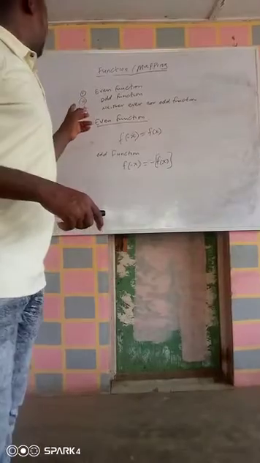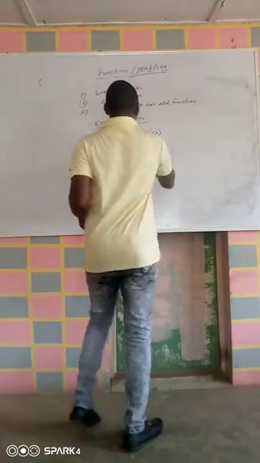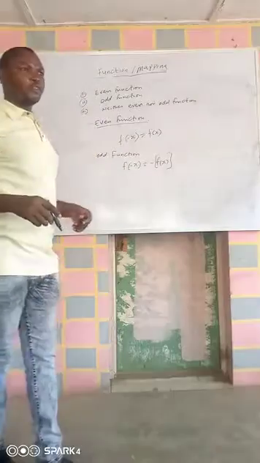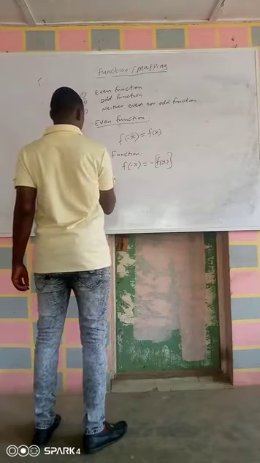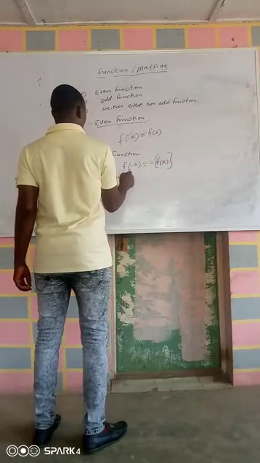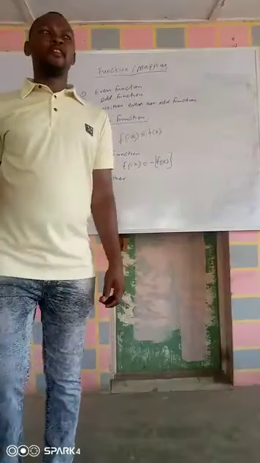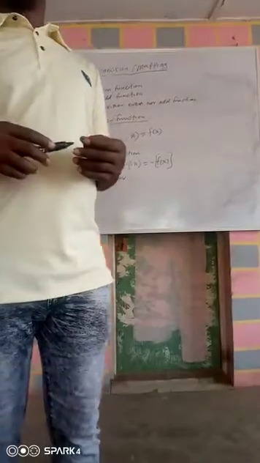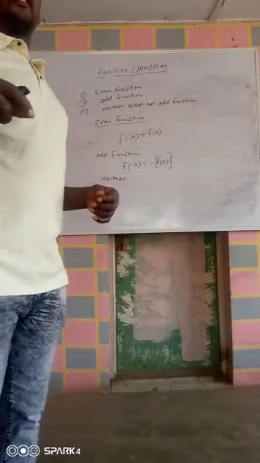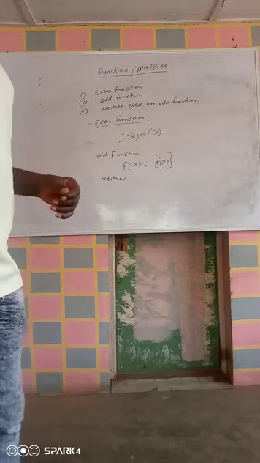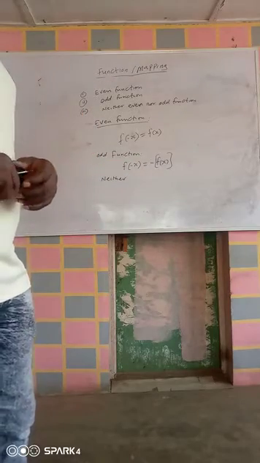We can also have one that we call neither even nor odd. It's a kind of function in which we don't get back the original function that is given, and also we don't get the opposite of the original function that is given. So we get another kind of function.